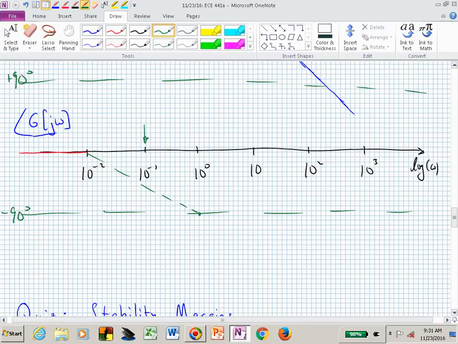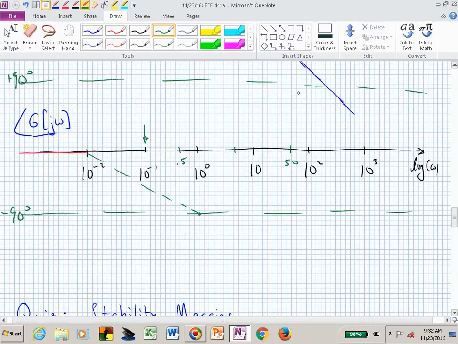I know I start at 0, I end at minus 90, and so that's the piece that's contributed from that pole at 0.1. What about the zero at 5? Now I have to go to 70% of the distance between 1 and 10, but really I'm going to be starting at 0.5 and ending at 50.